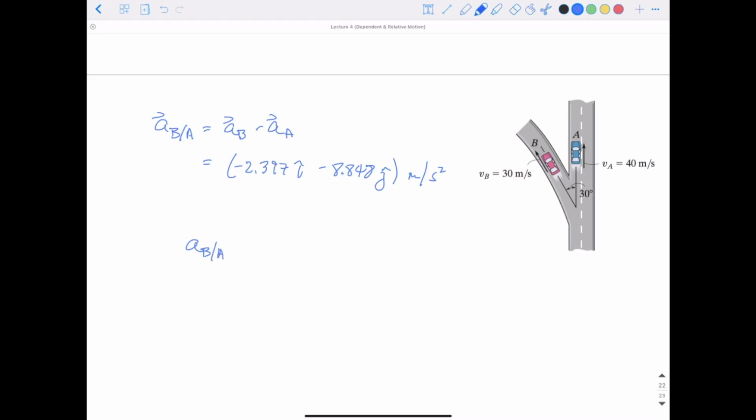And if we wanted to find the magnitude by the same process as before, our magnitude would be 9.17 meters per second squared. And our angle, because we use theta for velocity, let's use phi here. Our angle phi would just be equal to 74.8 degrees, and that would be downwards from the horizontal in this direction.